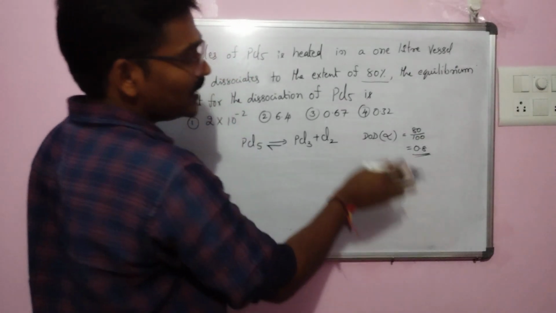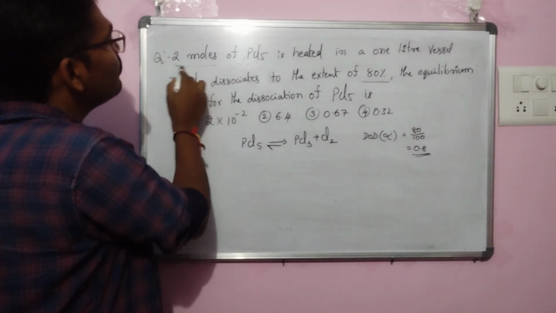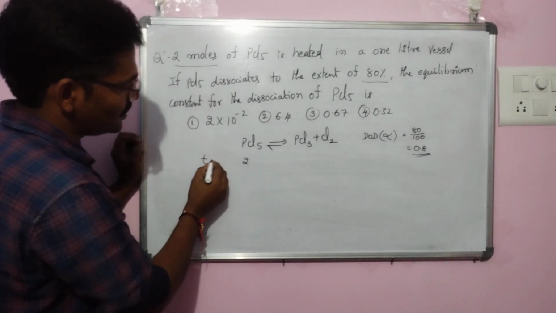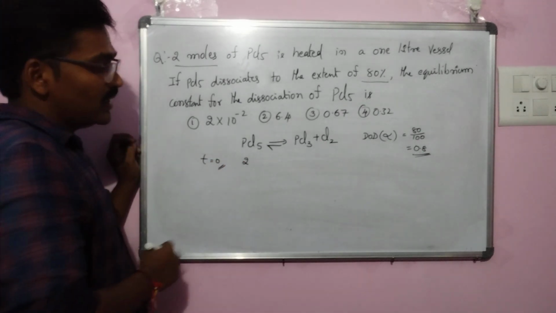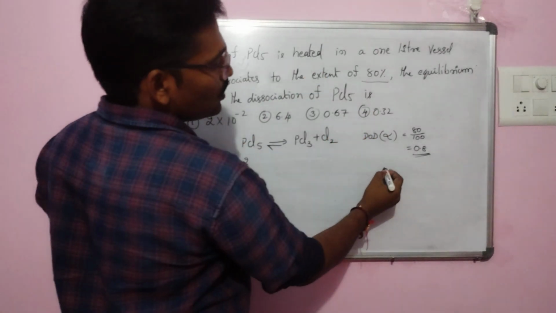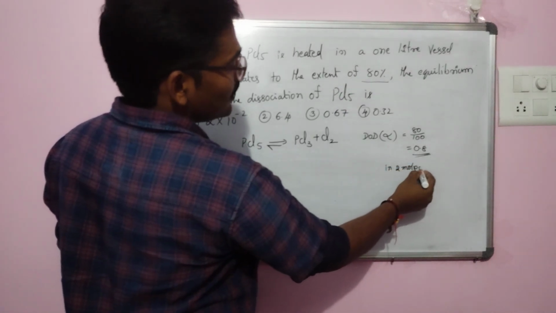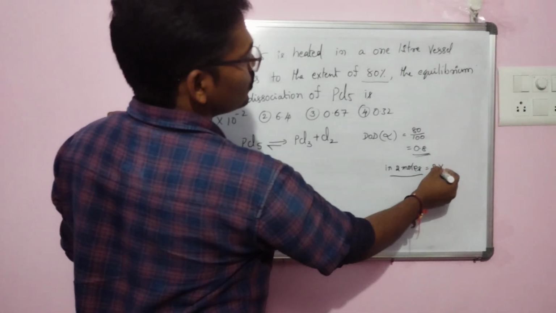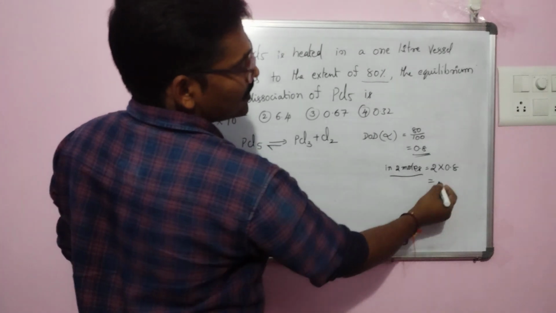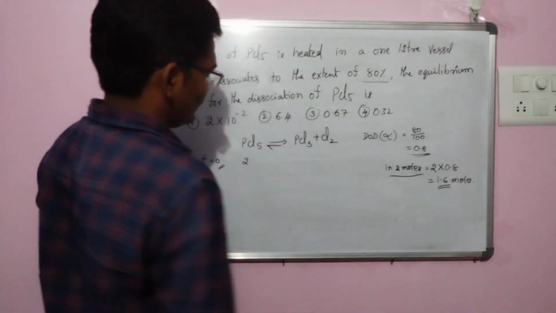So 0.8 is for 1 mole, but here they mention 2 moles of PCl5 initially, at time t equals 0. In the 2 moles, 80% is dissociated, so you take 2 into 0.8, which is 1.6 moles dissociated.